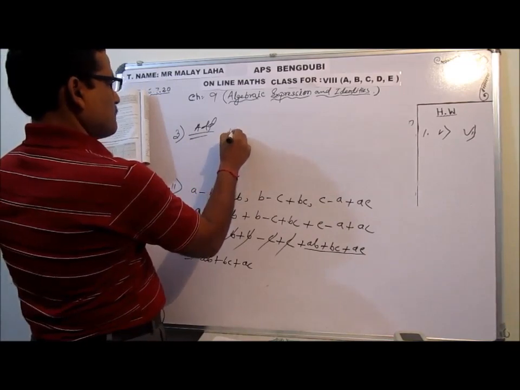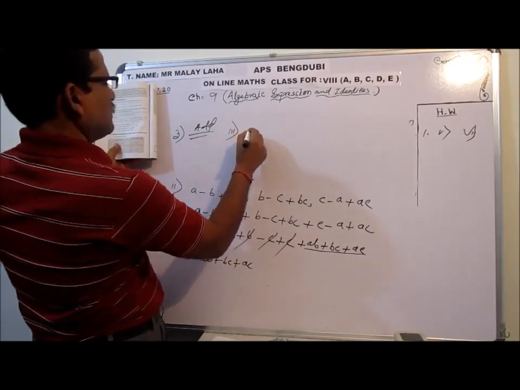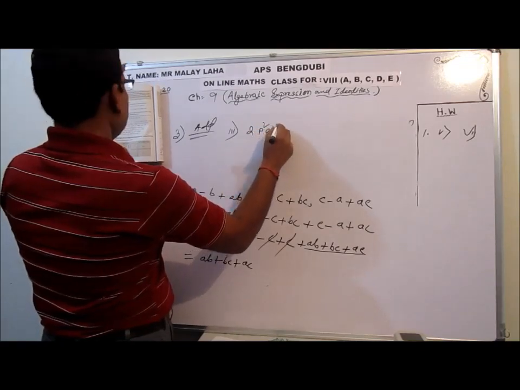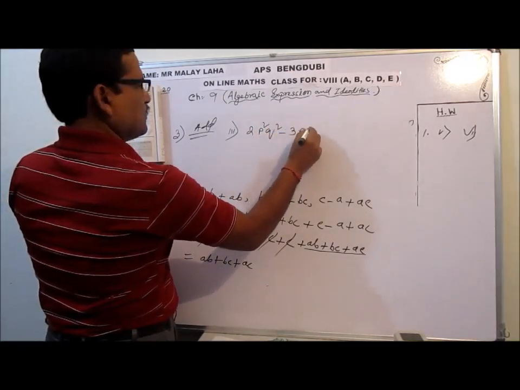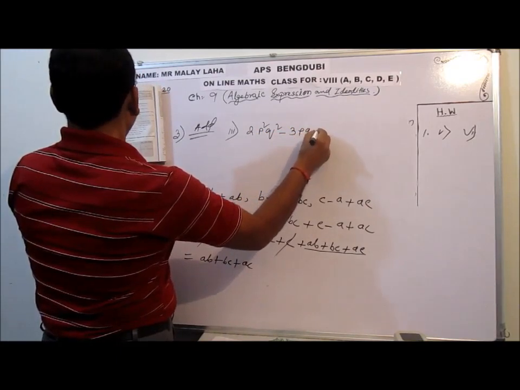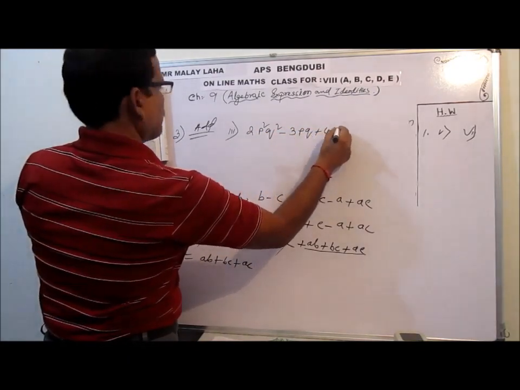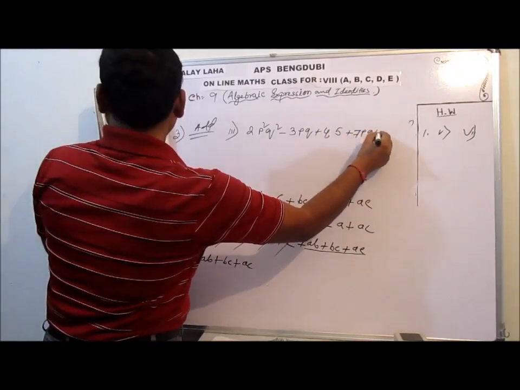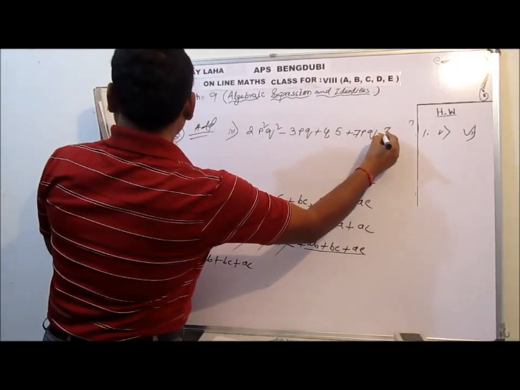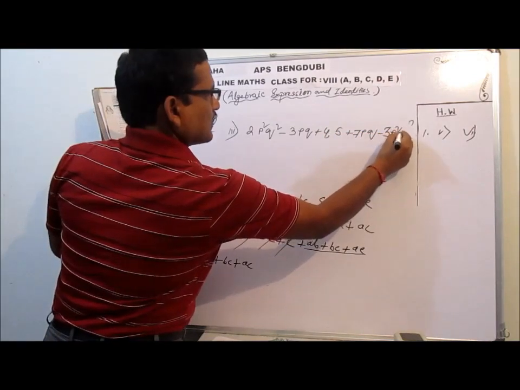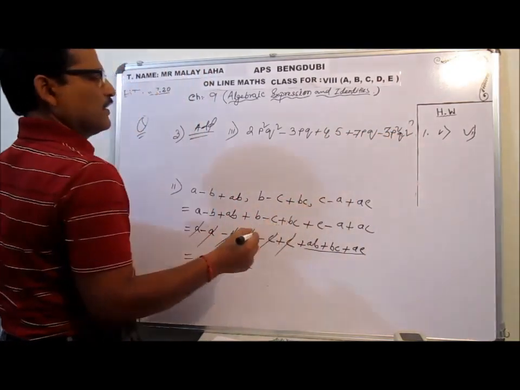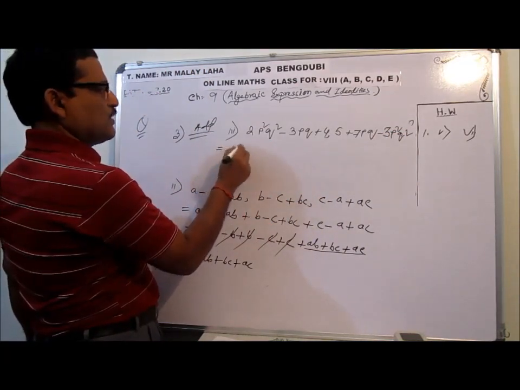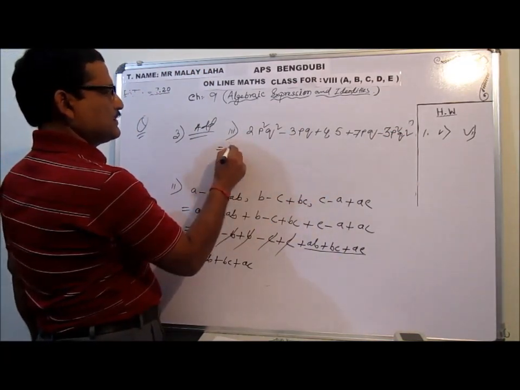Now question number 3: 2p square q square minus 3pq plus 4, comma, 5 plus 7pq minus 3p square q square. Okay? So now very easy, same procedure. You have to replace the comma by writing plus sign.